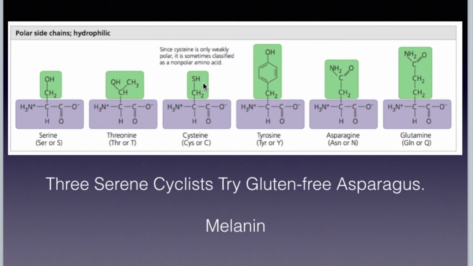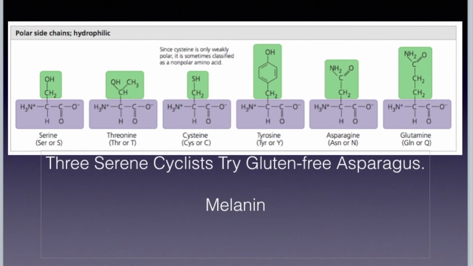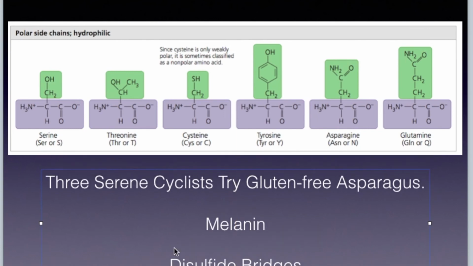Now, SH, remember the last time that we talked about the sulfhydryl group, they can form disulfide bridges that actually hold the protein structure. When we are forming the disulfide bridges, cysteine is the amino acid that is involved because it has the SH.